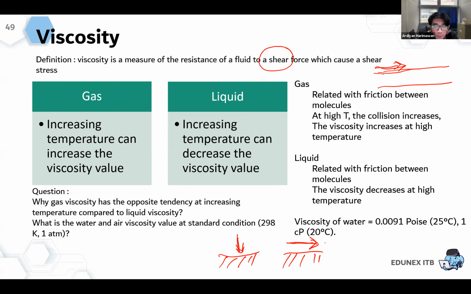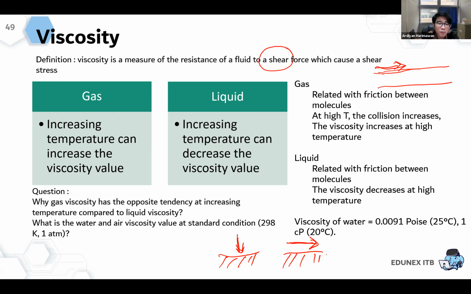If you apply tangential force to the fluid, you apply shear force, gaya geser. So force whose direction is tangential to the fluid surface is called shear force. If fluid experiences shear force, it will give resistance.